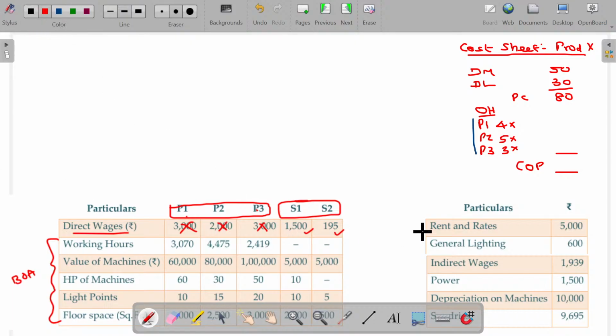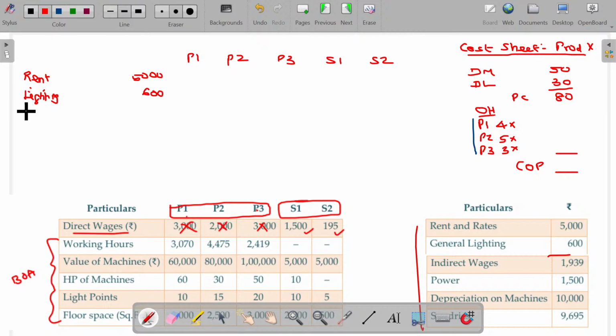Yes, start with, these are the overheads we have: rent and rates, the value being 5,000, should be distributed to P1, P2, P3, these are the production departments, and then S1, S2, these are the service departments. And we have general lighting, this value being 600.